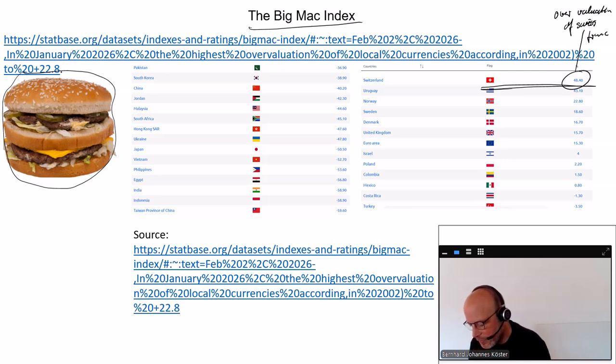So if you click at the first link, you can read a little bit about this Big Mac index. And since the data is not free anymore, I had to use another database where I unfortunately cannot download the data, and therefore I used this screenshot.